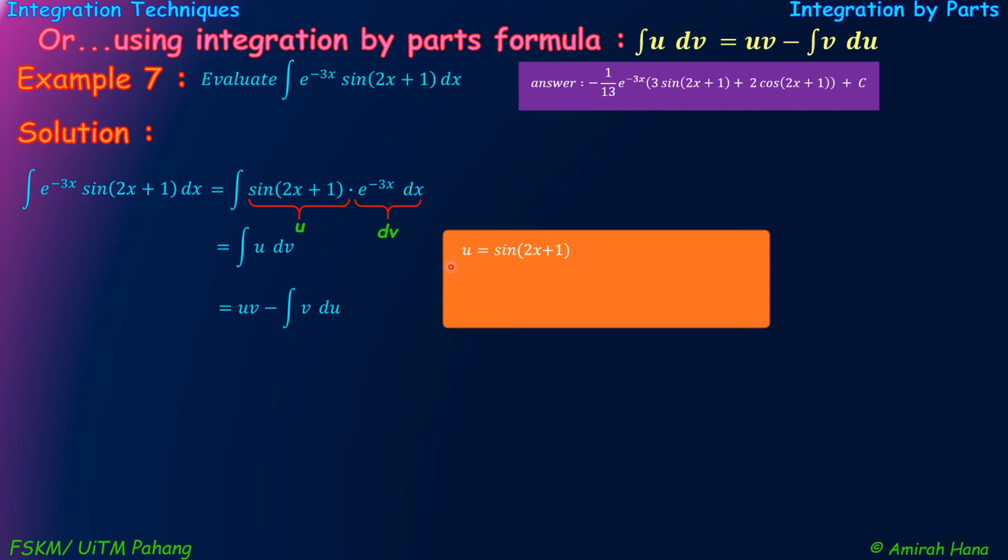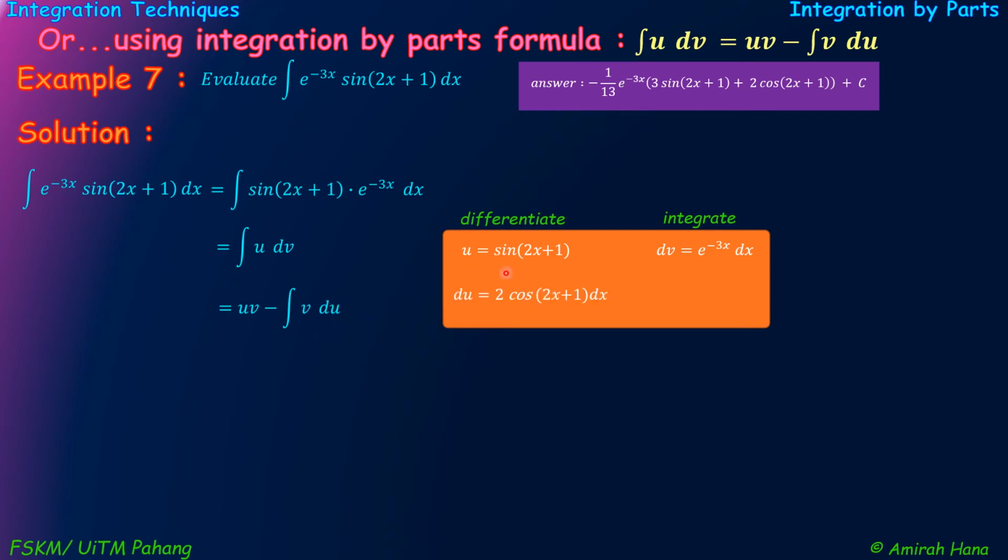Okay. And then our u equals sine 2x plus 1 and our dv equals e to the power of negative 3x dx. Alright. From u, we need to differentiate to get du to substitute into this formula. And from dv, we need to integrate to find v to substitute into this formula.